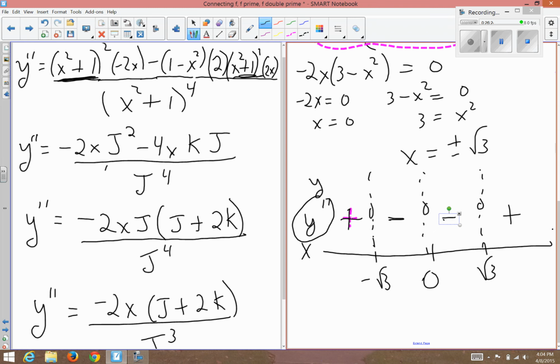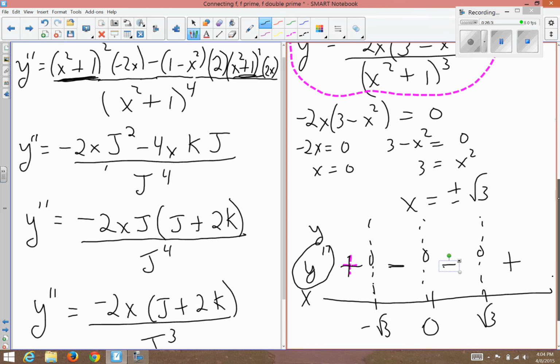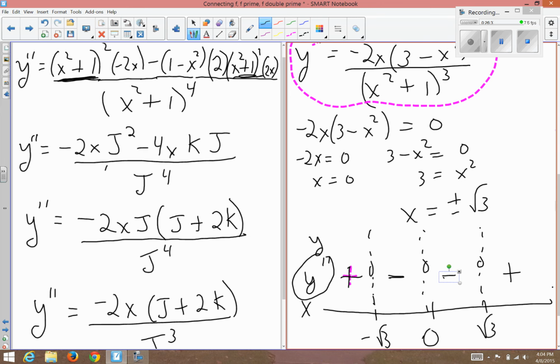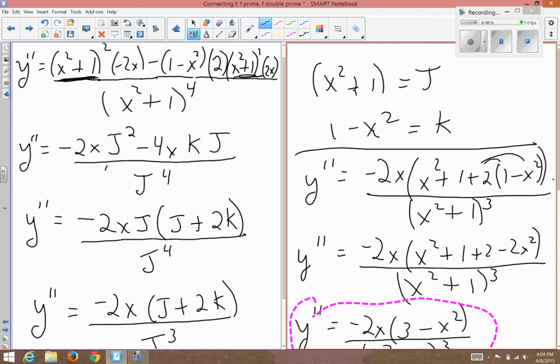Alright, so, okay. I want to check these again. Let's use negative 10. Negative 10 squared is 100, but 3 minus that is going to be a negative.